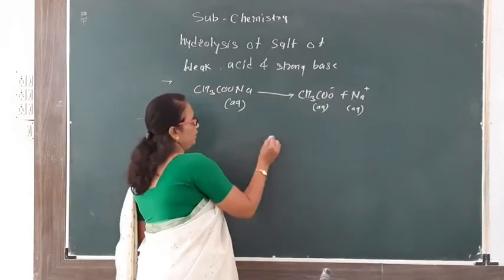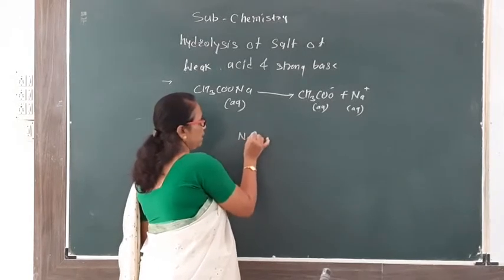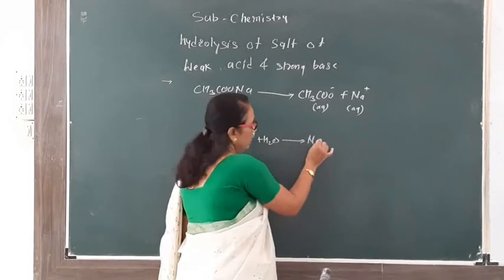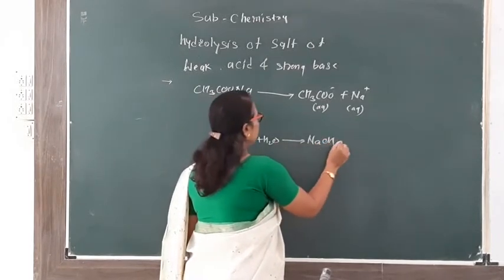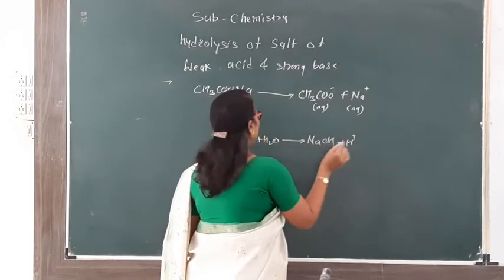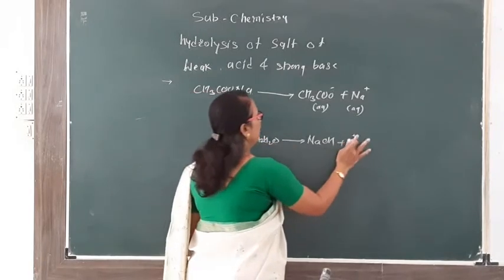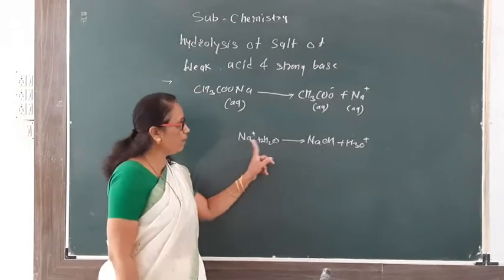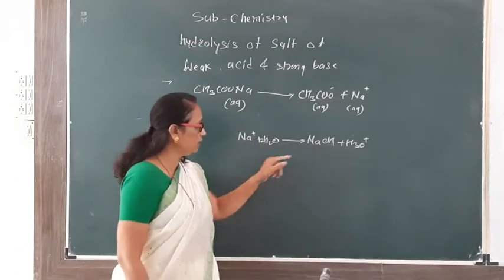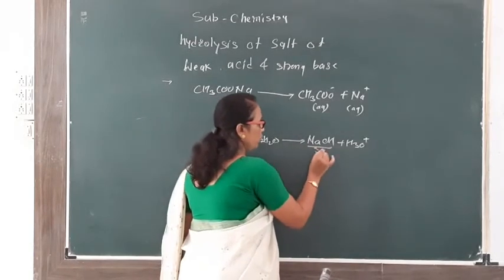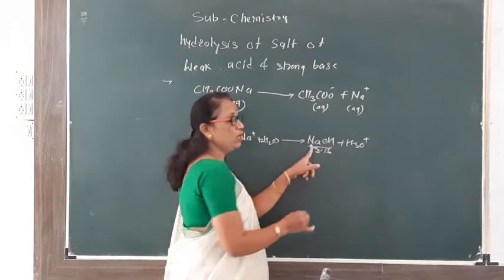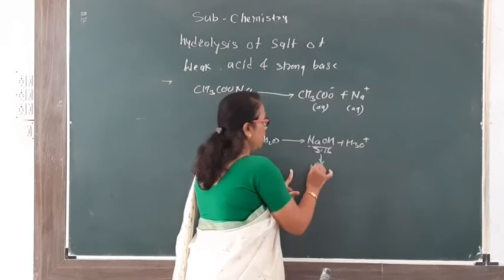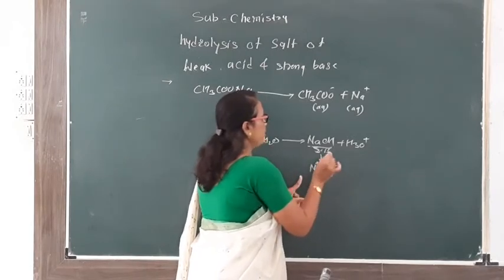That means if Na plus ions combine with water, there is a formation of NaOH and H plus, or twice H2O as H3O plus. If Na plus combines with water, there is a formation of NaOH. But as NaOH is a strong base, it dissociates completely into Na plus and OH minus ions.